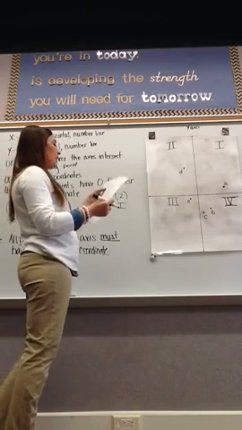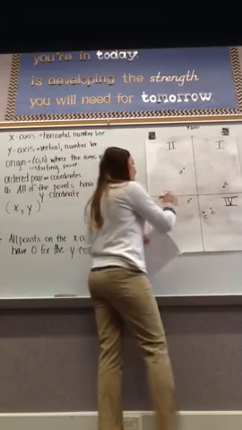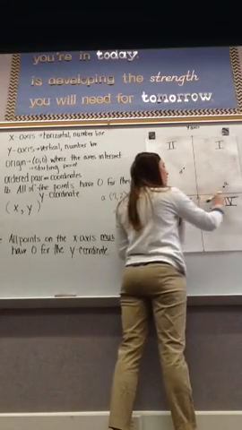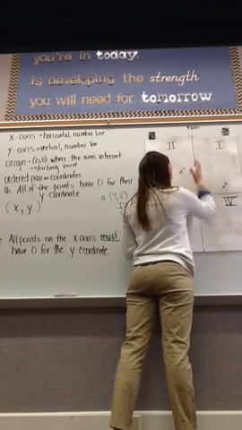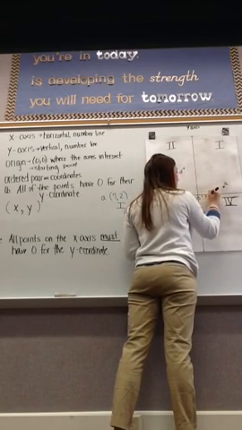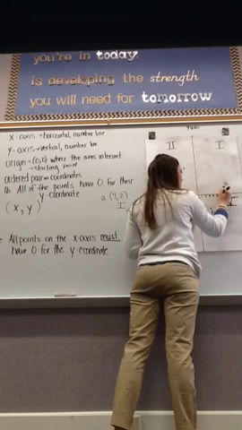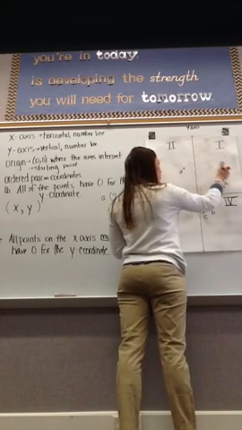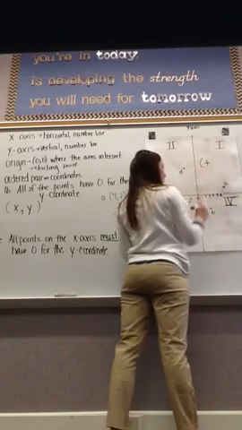Okay, now checking for quadrant I. On the x-axis, this represents 0. All of the numbers to the right of the y-axis are positive. So in order to go to quadrant I, my x-coordinate must be positive.